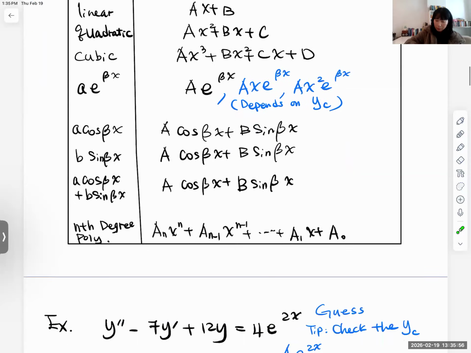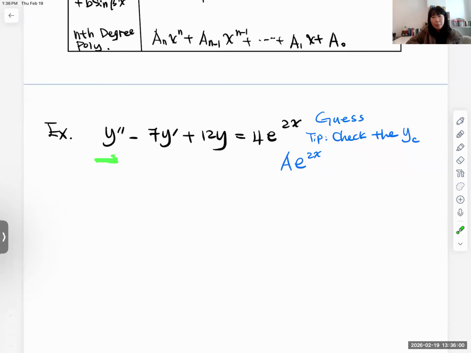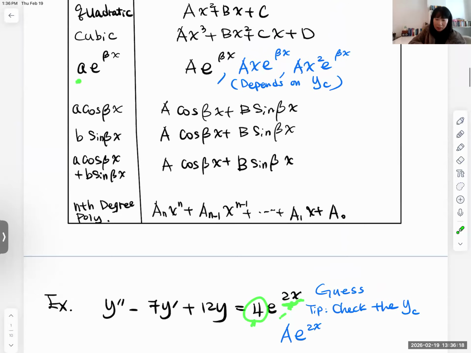We have y double prime minus 7y prime plus 12y equal to 4 times e to the 2x. So look, e to some x with a coefficient.